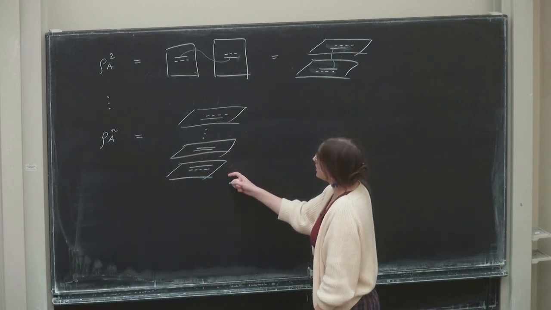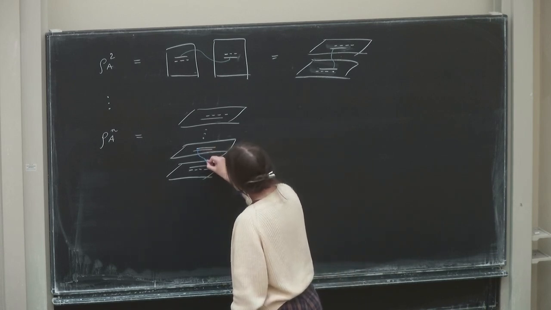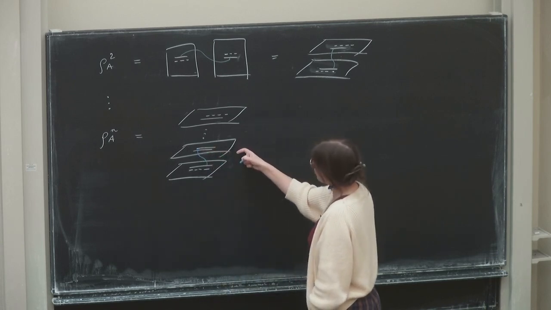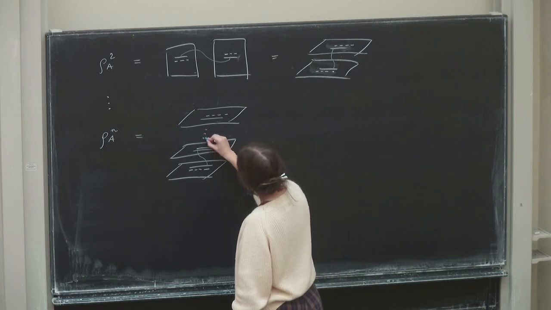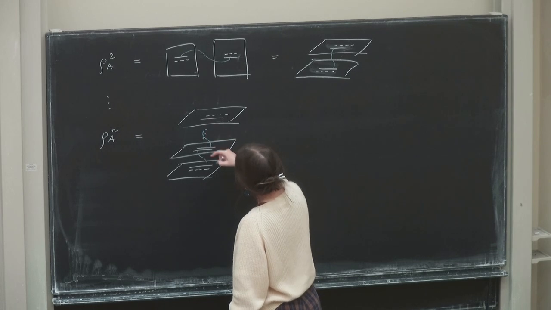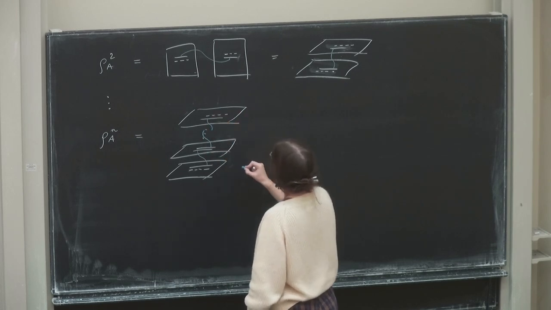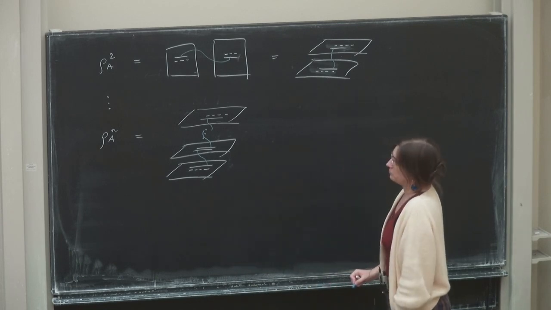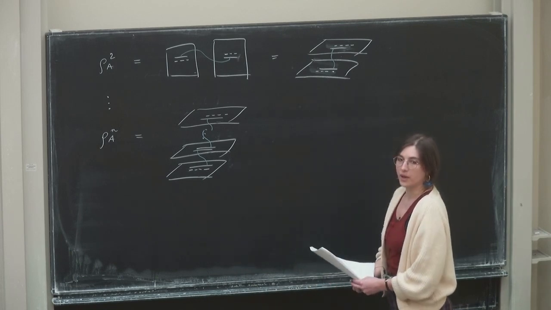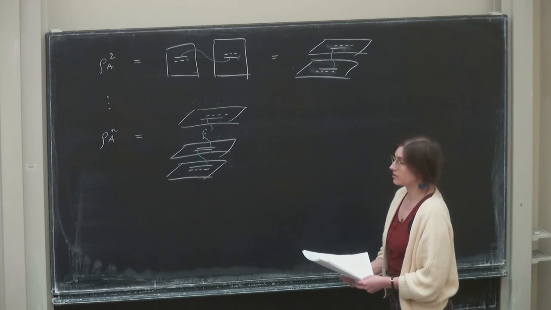So I have copy number 1, which is glued along this slit to the next copy. This one is glued along this next slit to the next copy, etc., etc. This one is glued to the previous one. That's it. This is the nth power of the reduced density matrix.